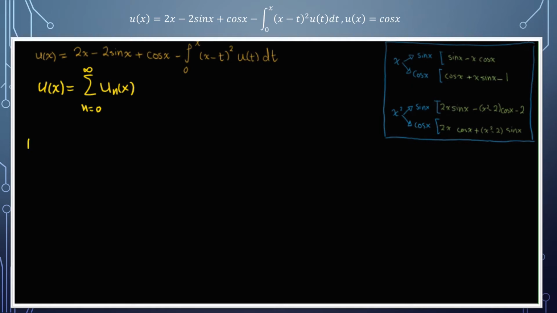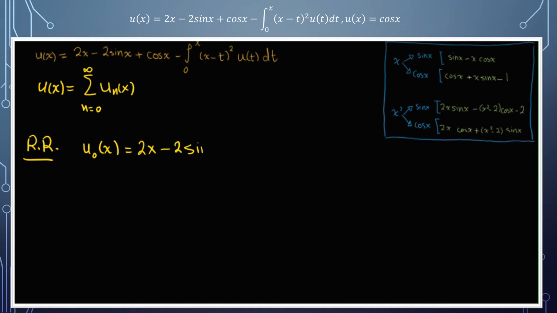And then we use the recurrence relation of the Adomian Decomposition Method. U naught of x will be equal to f of x, which is 2x minus 2 sine x plus cosine x.